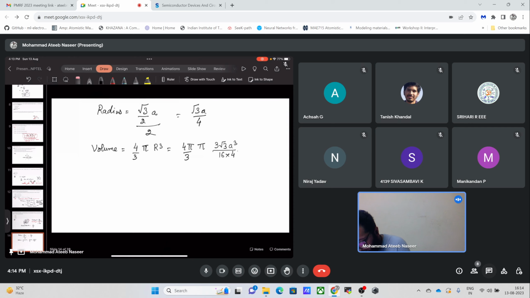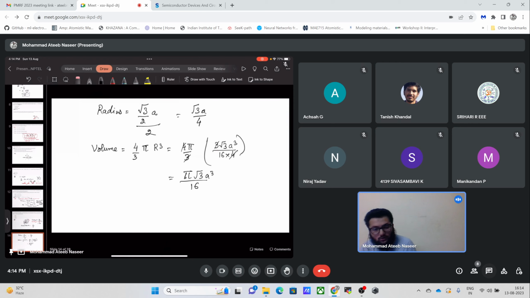I have written it like this so that things cancel, and there is only one pi, so I would be left with pi root 3a cube by 16. So this would be the volume of one atom.